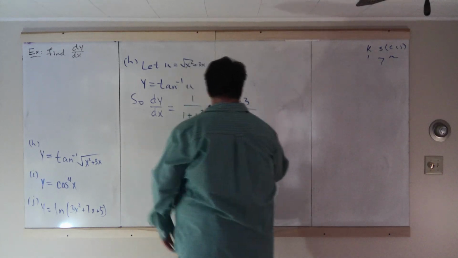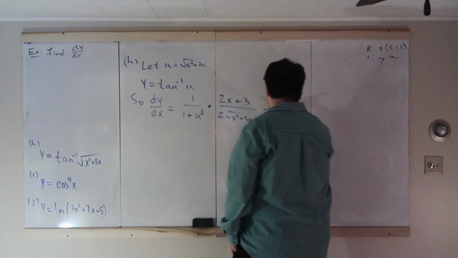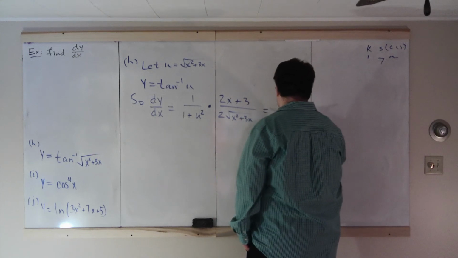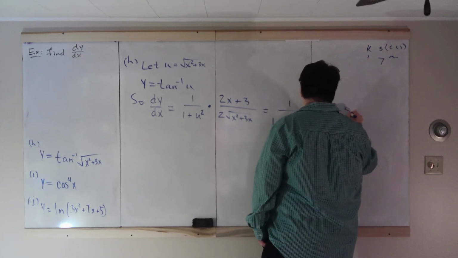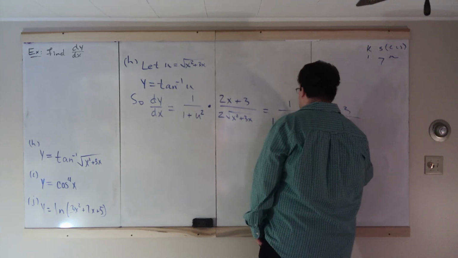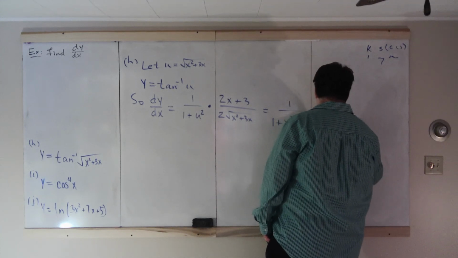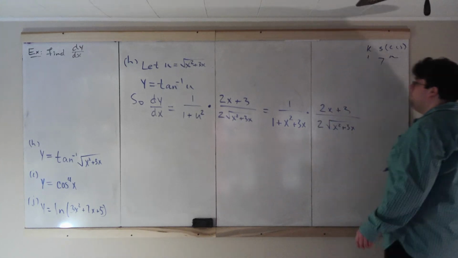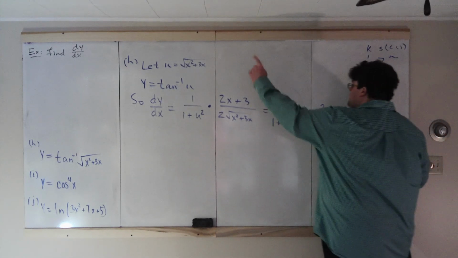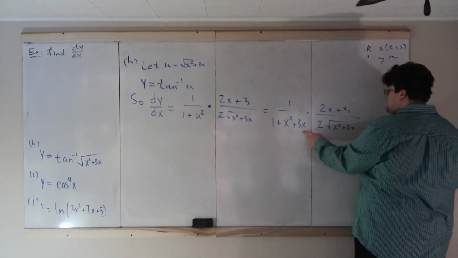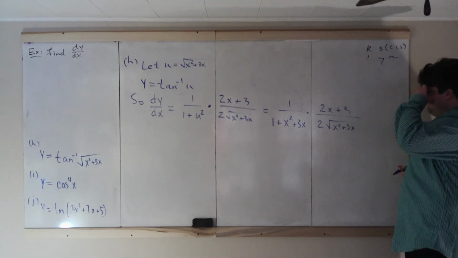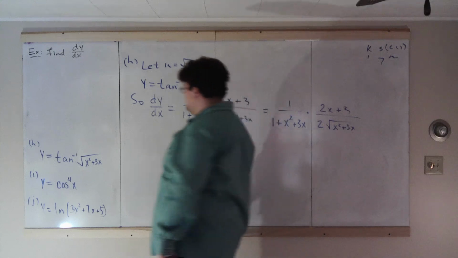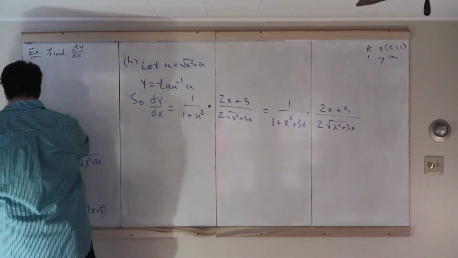So this equals 1 over 1 plus x squared plus 3x times 2x plus 3 over 2 root x squared plus 3x. Notice u squared is the square root squared, so that just equals x squared plus 3x. You don't have to write that as one fraction. That's okay the way it's written.